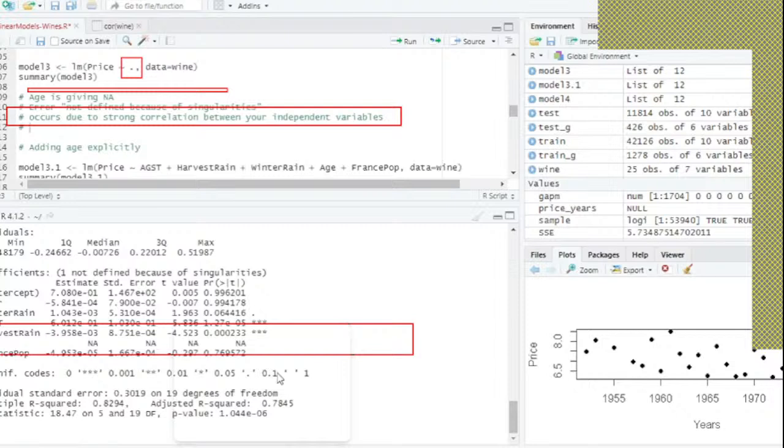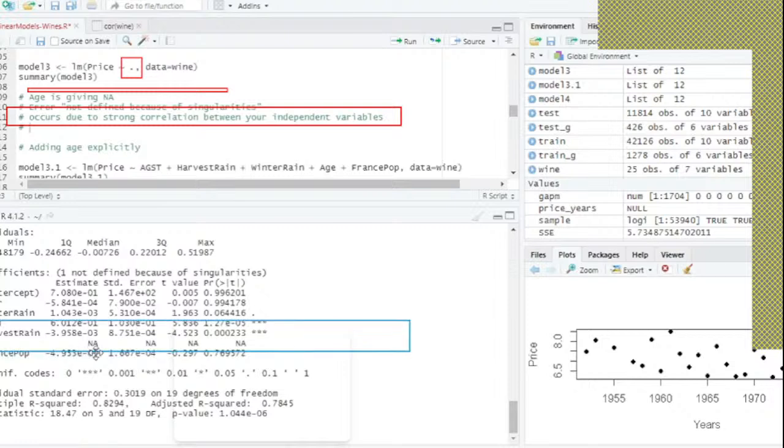So what is the linear model doing? It is just picking one variable, France population, and leaving the other, because at the back end it has seen that one variable is good enough. So it is leaving age. But tell me, now here comes the industry expertise. Do you think we should be leaving age?